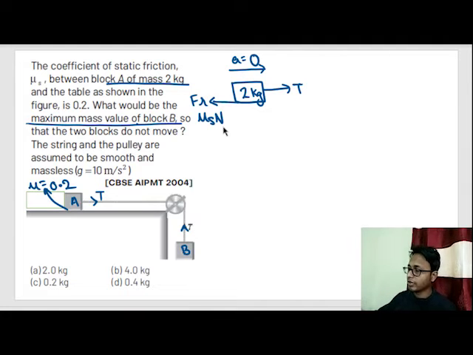From the vertical component, we already know that N, the normal reaction force, equals mg. So I am substituting N by mg, so friction force gets substituted by mu s mg.